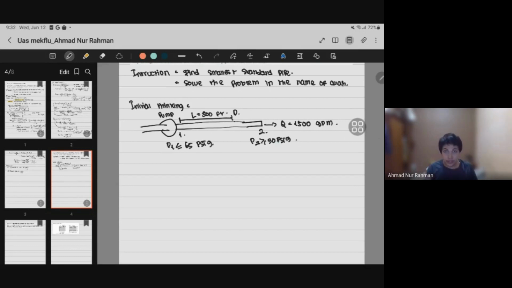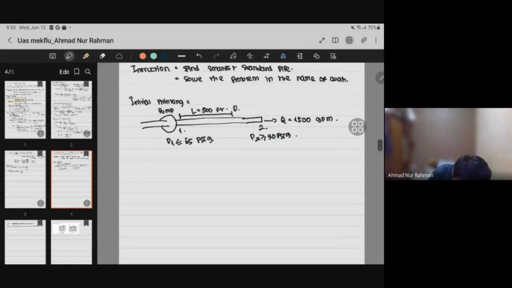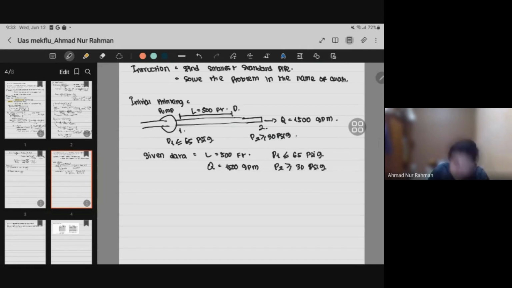From the given data in the picture, L equals 500 feet, Q equals 1,500 GPM, P1 is 65 psig, P2 is more than 30 psig.